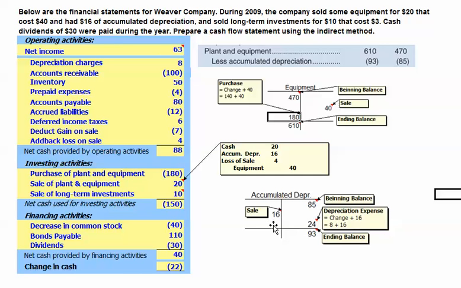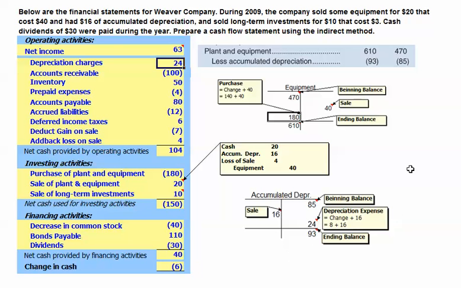Therefore, the only way we get our accumulated depreciation account to balance is if depreciation expense, instead of being $8, was actually $24. So let's go ahead and reflect $24 in depreciation on our cash flow statement. Once we make that change, we can see once again our cash flow statement balances.